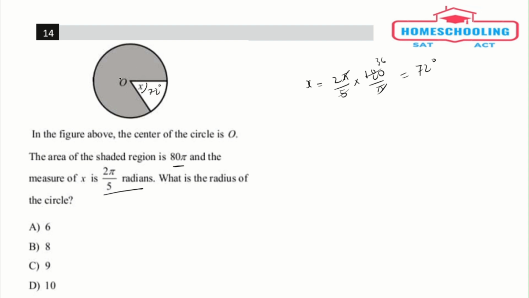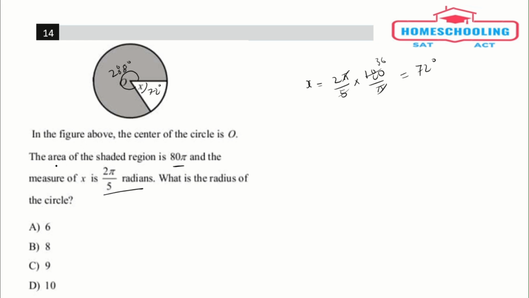We know that the central angle is 360 degrees, so if we subtract 72 from 360, then the angle of the shaded area would be 288 degrees. So this angle is 288 degrees.